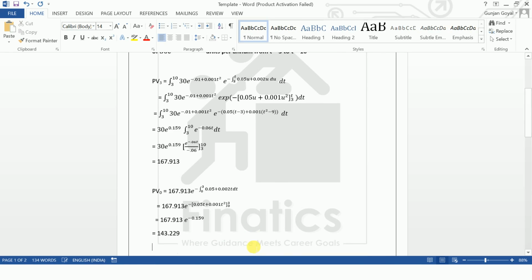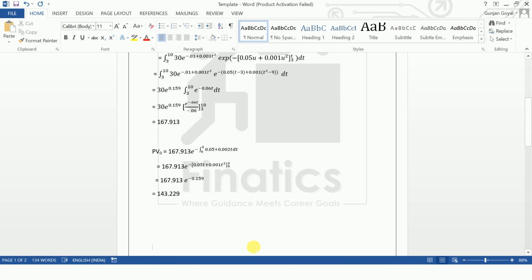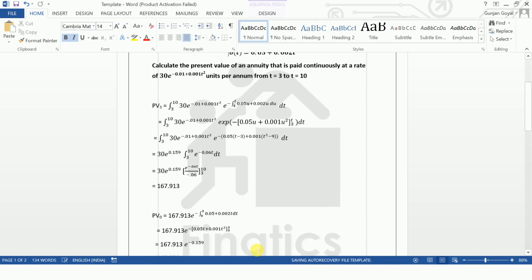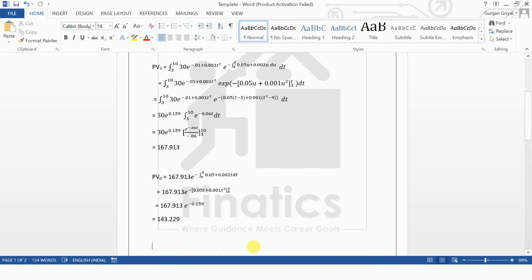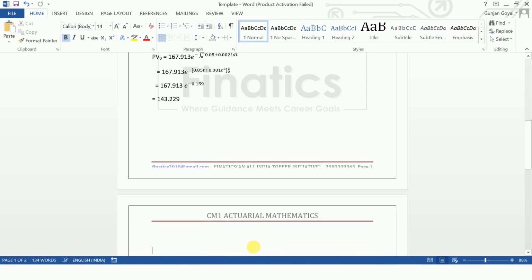So this is your one entire question of values. So it is not that it is impossible to type, you just need to know the relevant shortcuts to write your integrations and your annuity factors, and you know it.